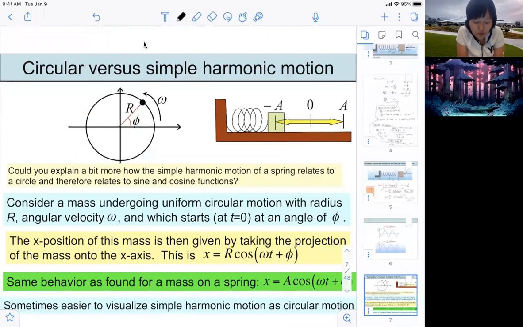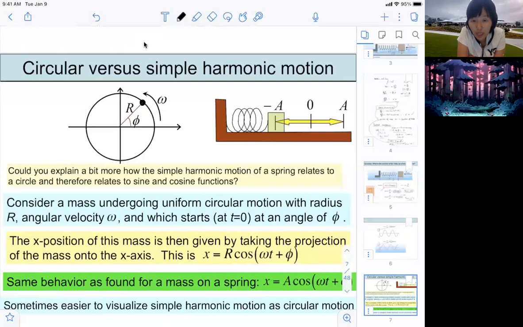Another thing I wanted to talk about is the relationship between circular motion and simple harmonic motion, and why they are described by the same mathematical expression. Consider a mass undergoing circular motion, as shown right here, with an angular velocity omega and some initial conditions.